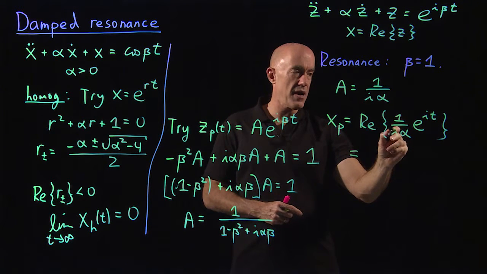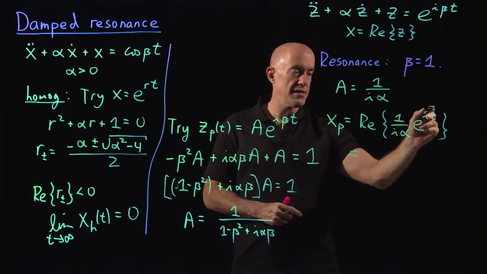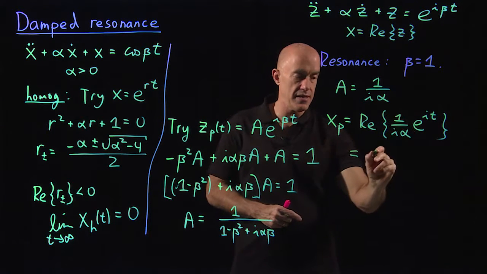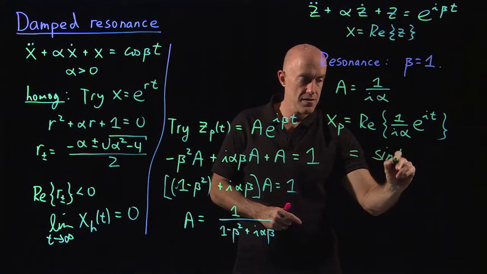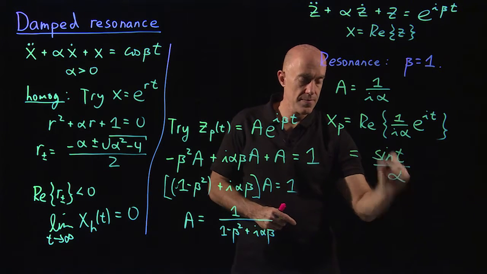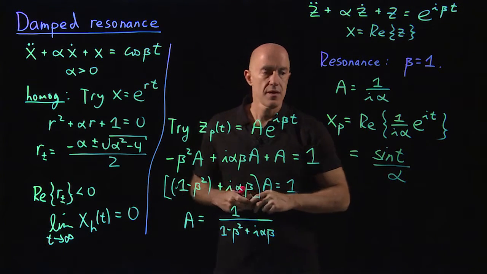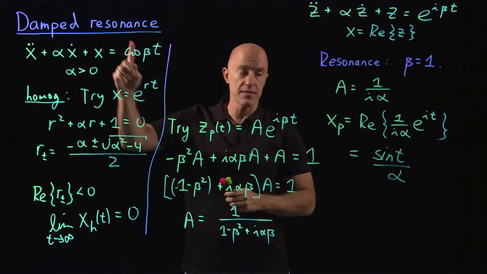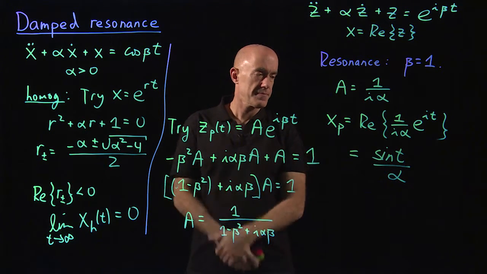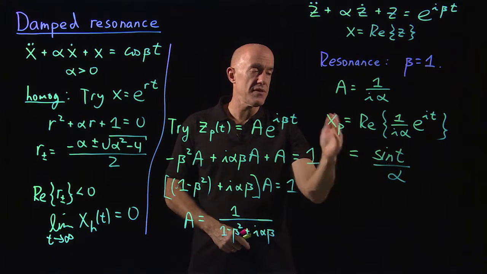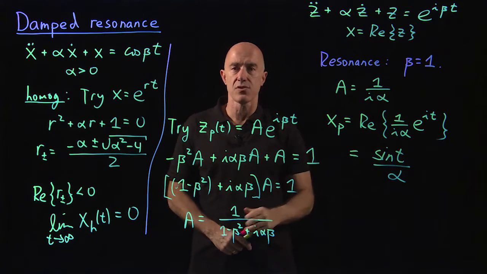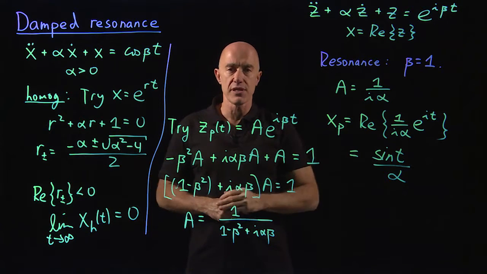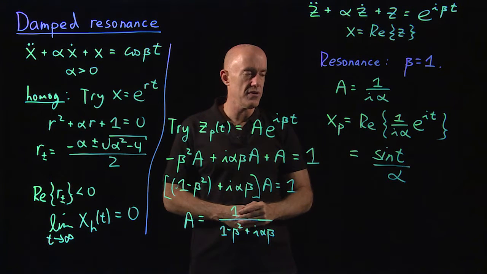We're dividing by i, so that will be i sine t. So we get sine t divided by alpha. Okay? That's the particular solution for resonance, damped resonance. And that means that this will be the long-time solution after the homogeneous term decays to 0.